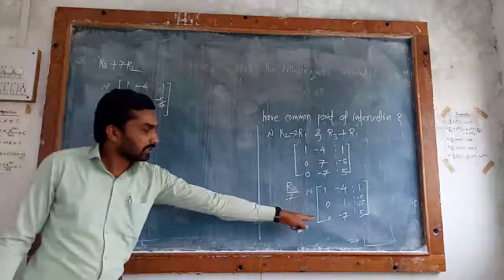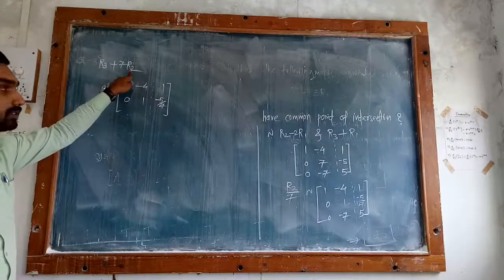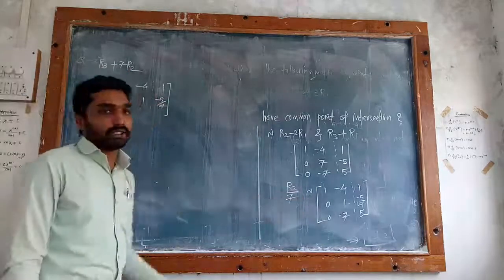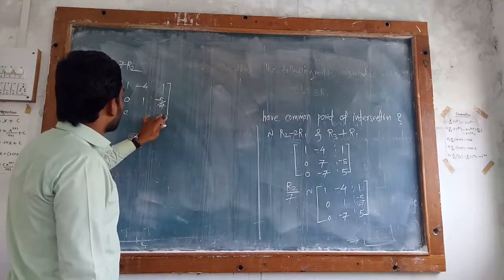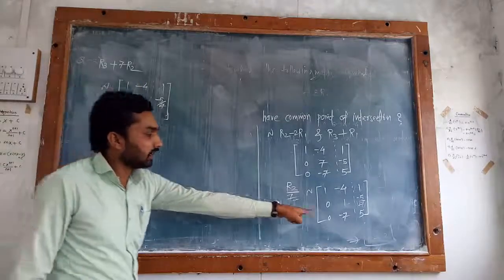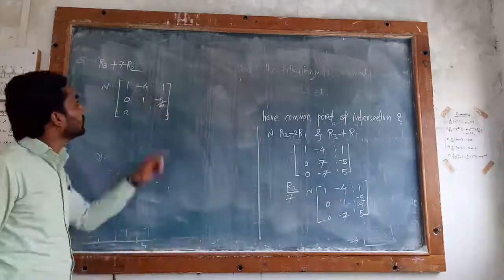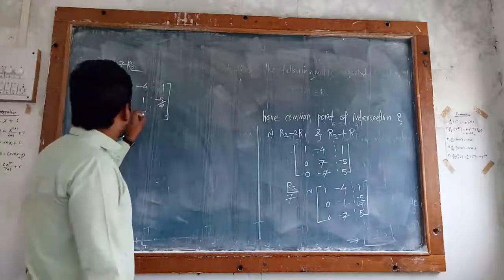So what is the last third row? We have to do the operation R3 plus 7 times R2. That is 0 plus 0, 0, right? Again, second element is minus 7 plus 7 into 1, that is 7. Minus 7 plus 7 is 0.